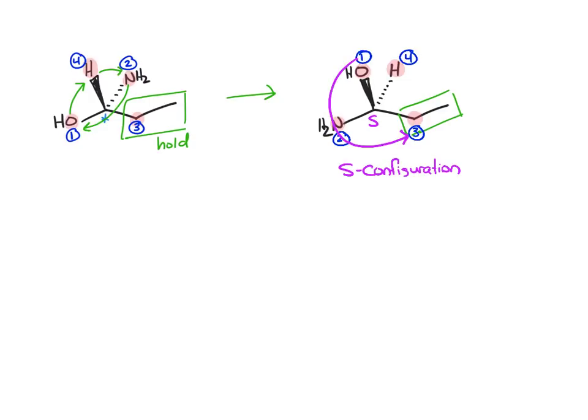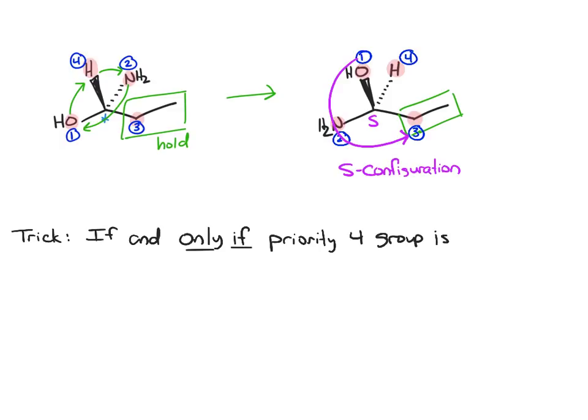Right, but this is a good place that I can teach you a trick you can sometimes use. This trick works if and only if the priority 4 group is pointed out. So the priority 4 group has to be on a wedge for this to work.